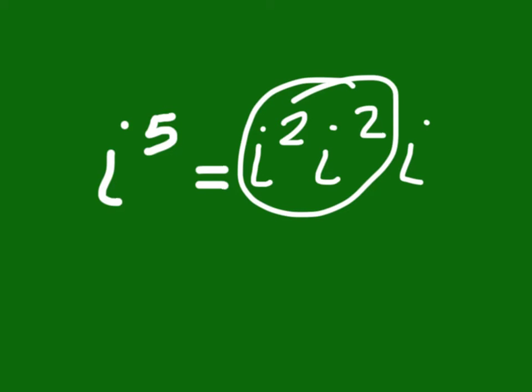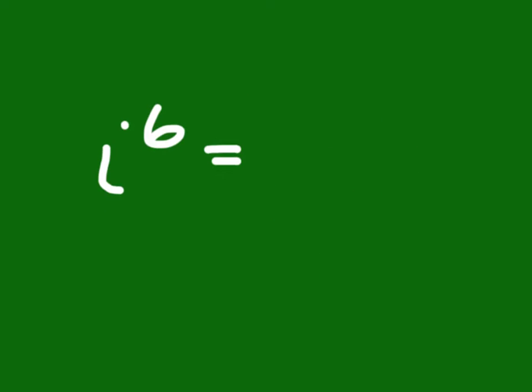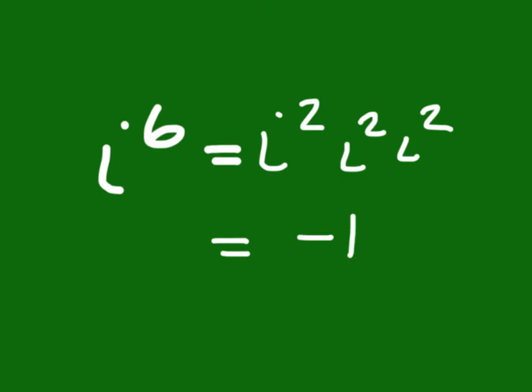What would I to the 4th be? Just 1, then you have an I, so your final answer is I. I to the 6th, 3 I squares. Answer is what? -1.